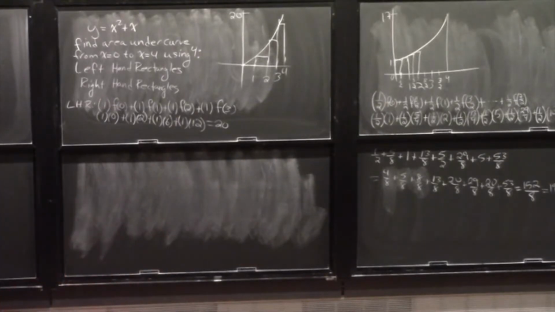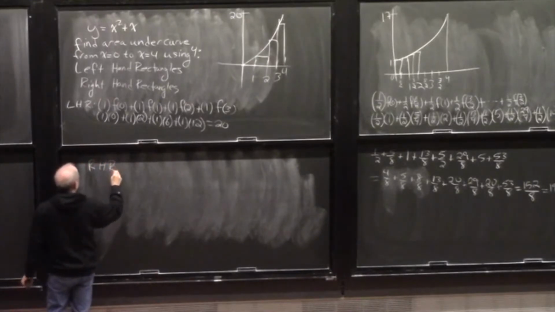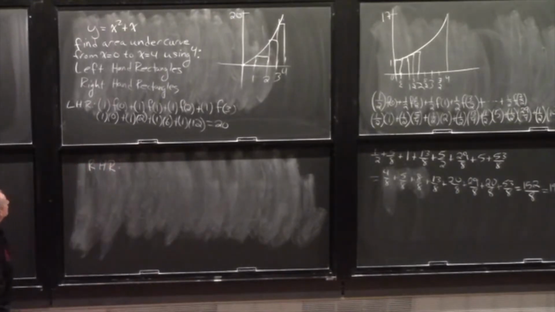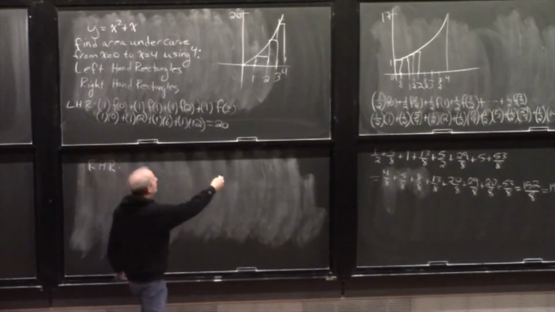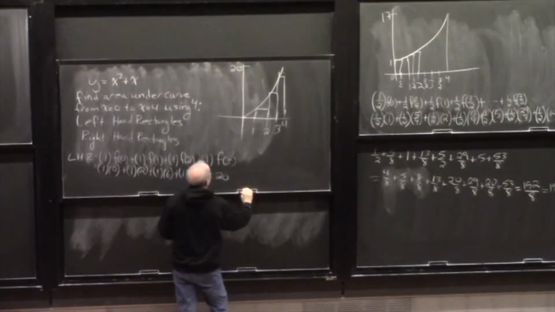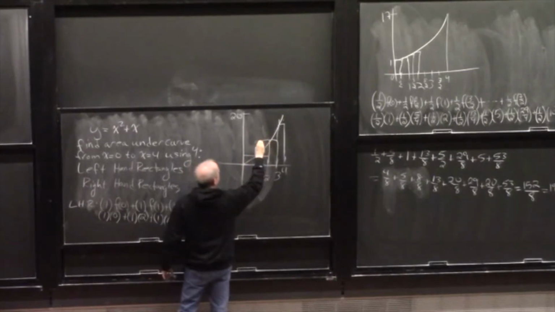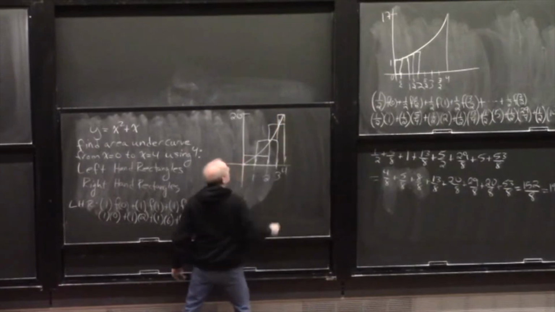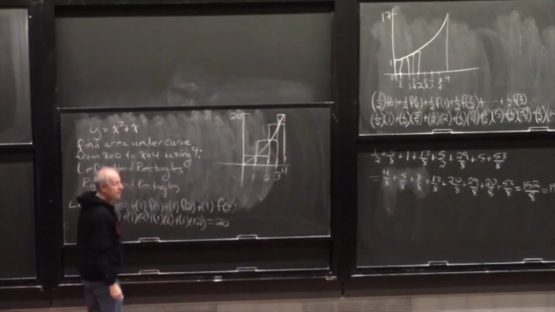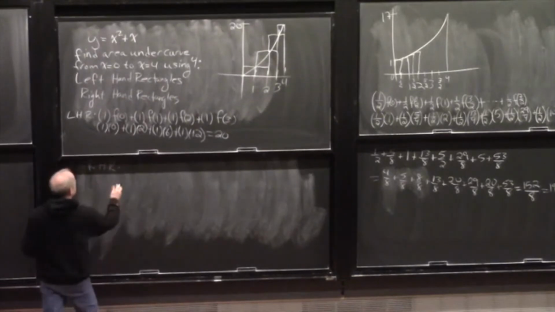So well, what if I want to do the right-hand side rectangles? Well, again, they're each 1 wide, but now I get the height of the rectangle by going to the right side of the interval and going up. So I would start here and go across this way, and then like that. Okay? Kind of hard to picture, but the book draws them much better than I do.